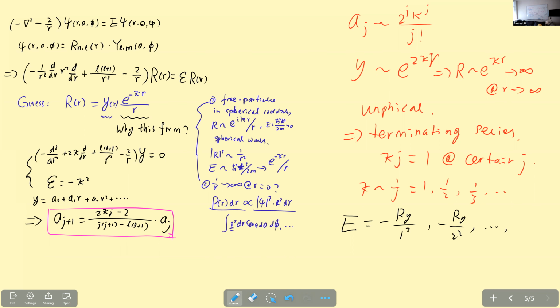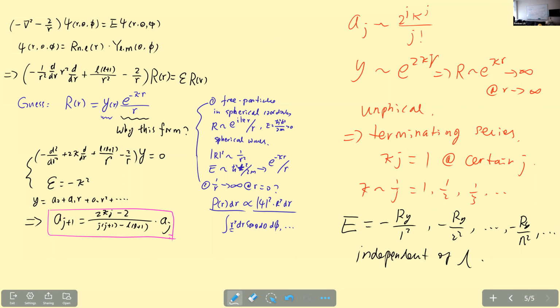It's minus Rydberg over n squared, right? It's independent of L. Okay, so that is an important result.